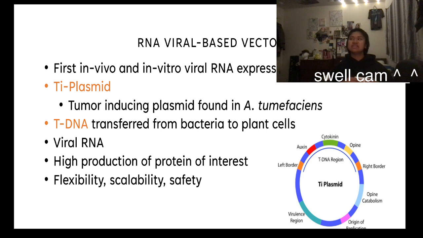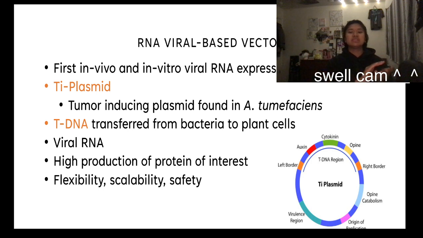This tDNA is transferred from Agrobacterium to the plant cells, and it contains viral RNA. So the TI plasmid consists of the origin of replication, the virulence region, as well as the tDNA region, which is flanked by the left border and right border to mark the tDNA region.